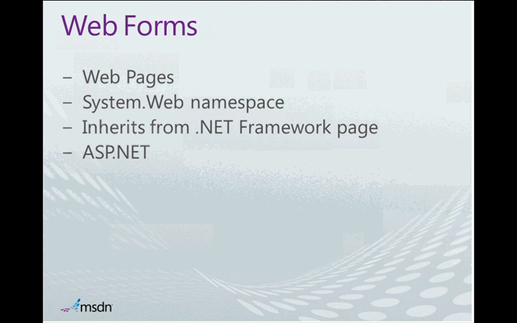And then once you have that, you're going to pass that off to your web server. You're going to store that page on your web server, and whenever a call comes into your web server for that particular page, the web server is going to see the ASPX extension instead of the VB or CS or EXE. It's going to see that ASPX extension, and it's going to know to pass that off to ASP.NET.